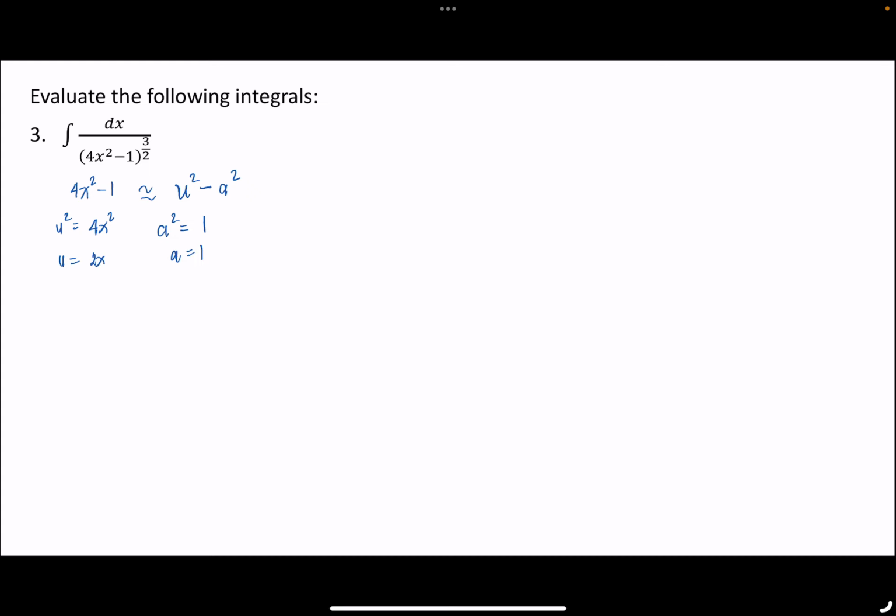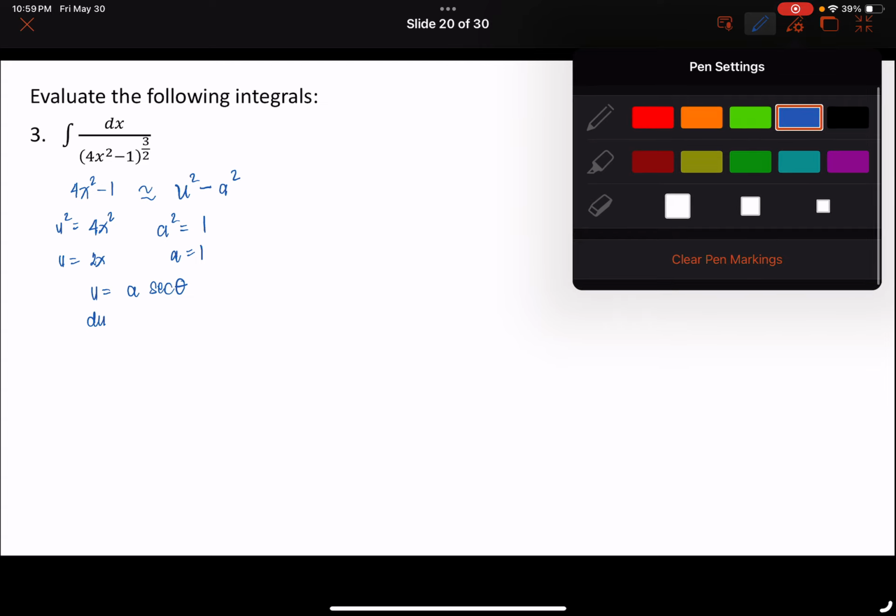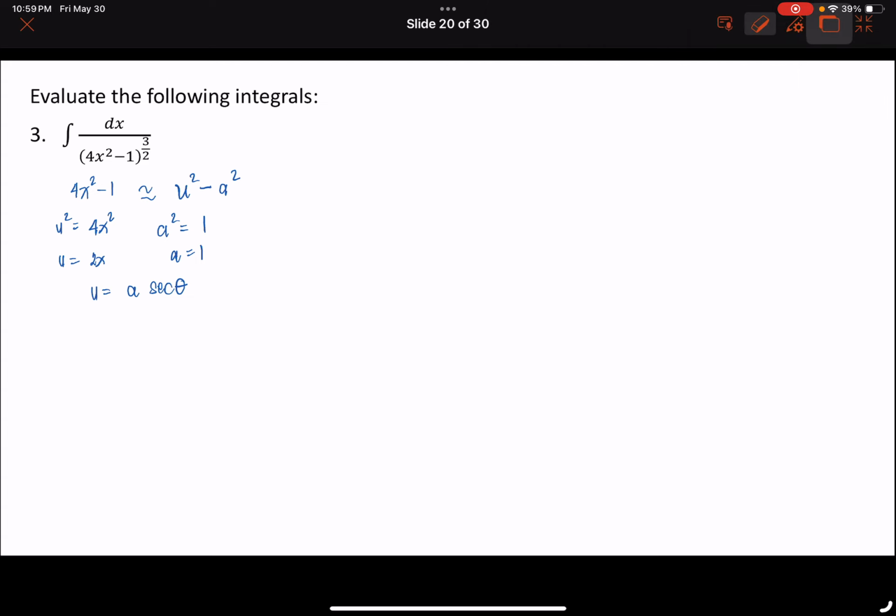For u squared minus a squared, we use u equal to a secant theta. So your u, 2x, is equal to a, which is 1, secant theta.